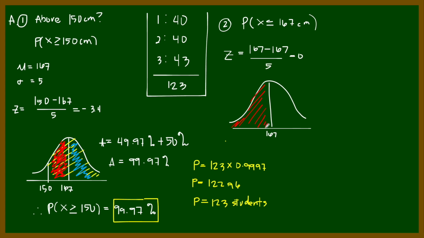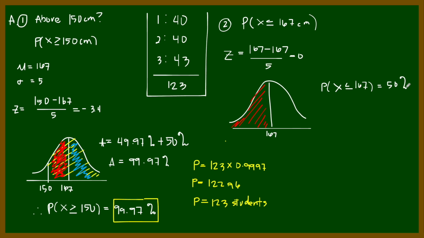Okay? Then, the entire region on the left side of our average is 50%. That's the area, right? So, we can interpret this as well as the probability. So, in that case, probability of x less than or equal to 167 is exactly 50%.